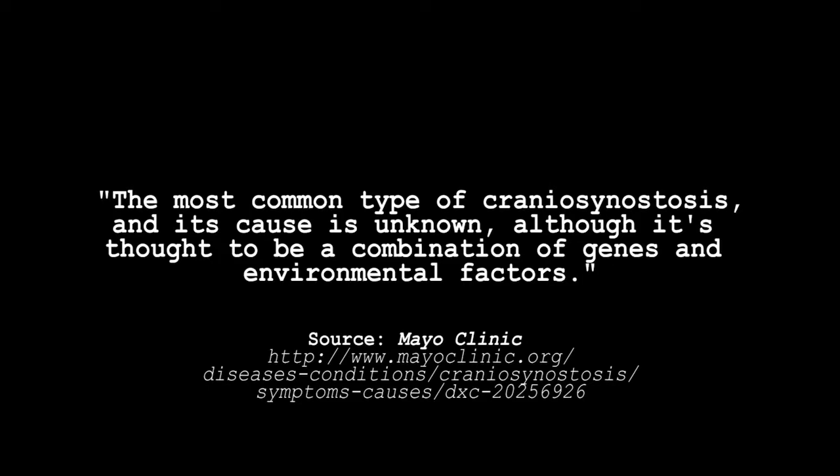Non-syndromatic craniosynostosis is the most common type of craniosynostosis, and its cause is unknown, although it's thought to be a combination of genetic and environmental factors. So, unlike syndromatic, where it's a named syndrome that has some malformation on a part of the chromosome, this is where the craniosynostosis is usually standalone, to where the only issue that the child may have will be craniosynostosis and anything that results from that fusion.